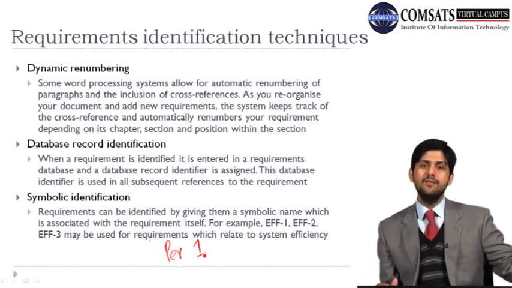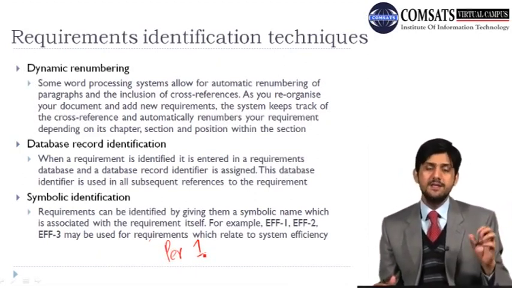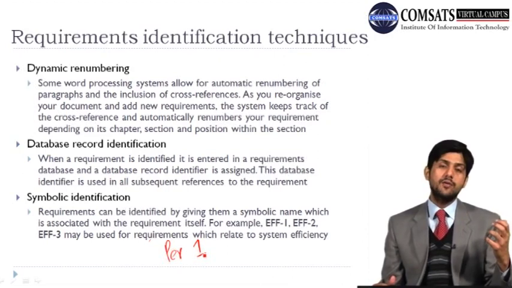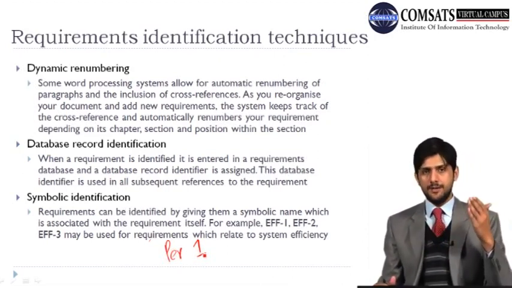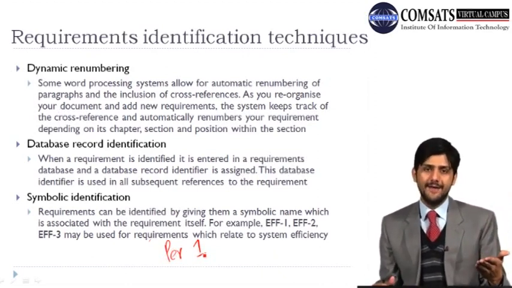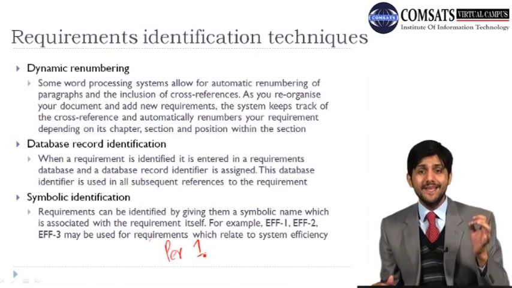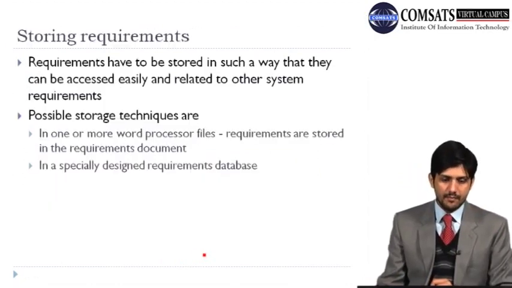By looking at the identifier, we will know, okay, this is a reliability requirement, this is an efficiency or performance requirement. Similarly, this can be done for functional requirements, not only for non-functional requirements. For example, requirements related to course registration can also be symbolically identified. So these are the different techniques which can be used to identify a requirement in the system.